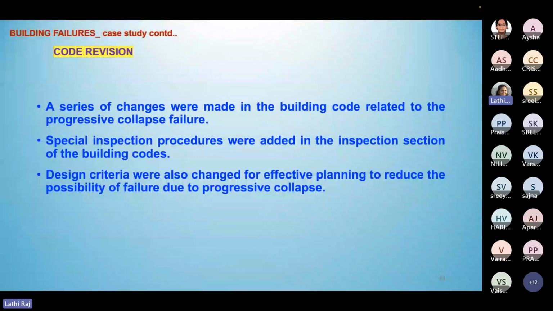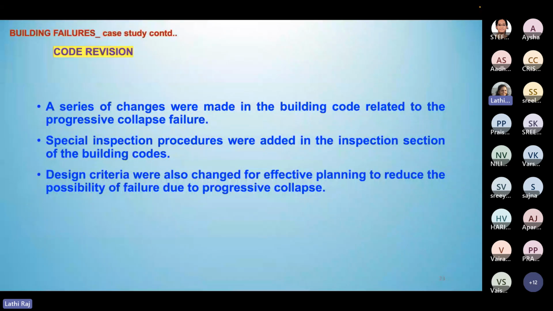So special inspection procedures were added in the inspection section of the building codes, and design criteria were also changed for effective planning to reduce the possibility of failure due to progressive collapse. This progressive collapse is very, very important.